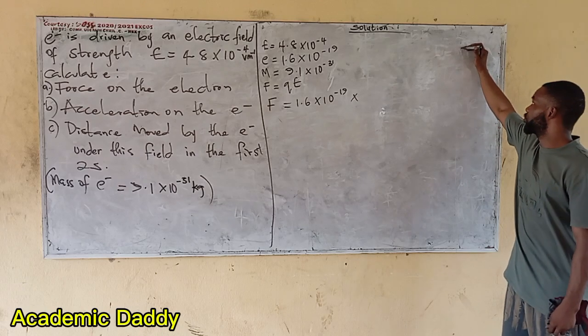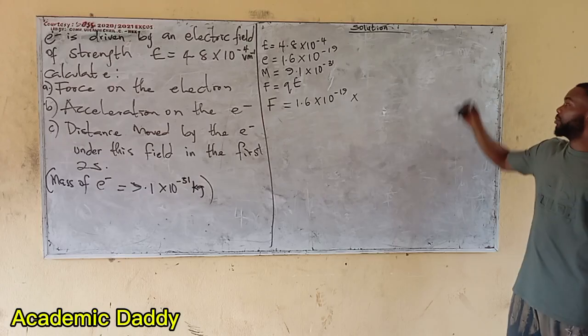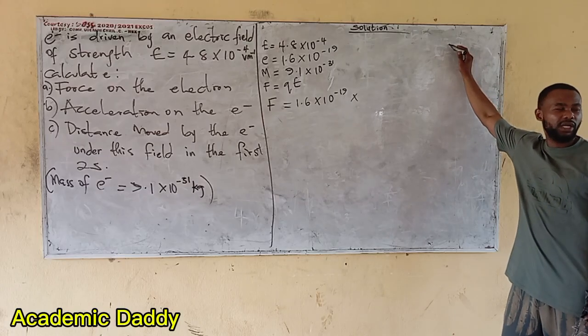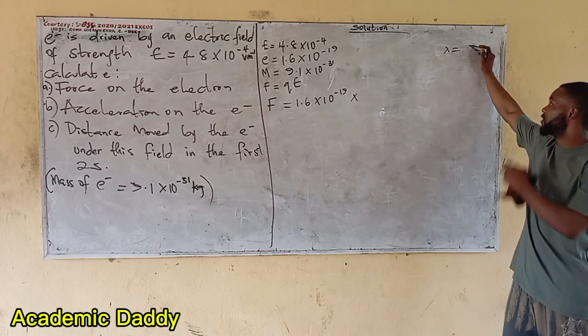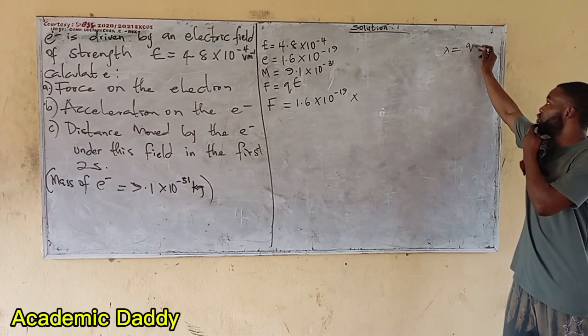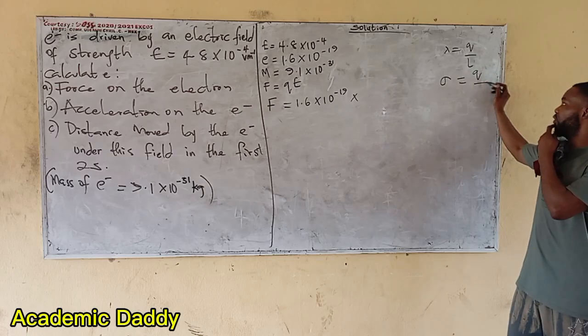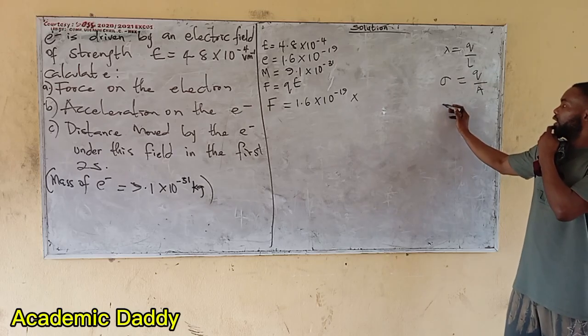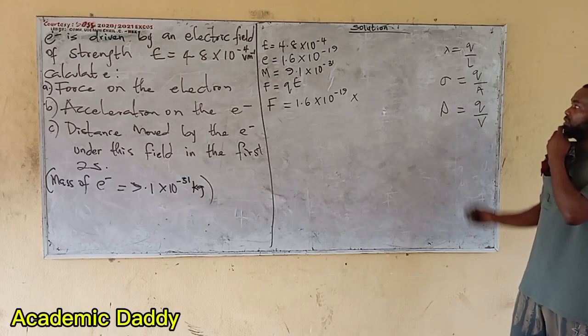Just like as we progress in our charge distribution class, I'll be telling you about what we call linear charge density, when I have this to be Q over L. Then surface charge density, when I have this to be Q over A. Then volume density, when I have this to be charge over volume.